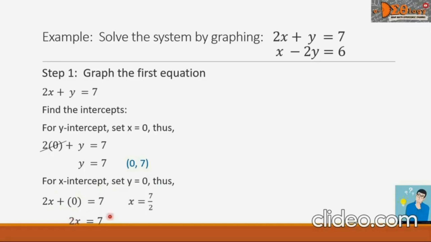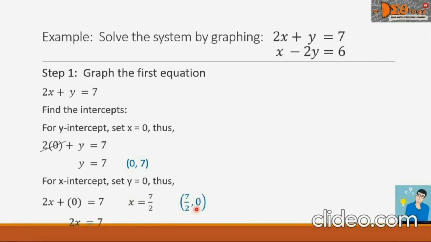So we now have x equals 7 over 2. This is the value of x when y equals 0. Let us write the ordered pair of the x-intercept as (7/2, 0), or (3.5, 0).